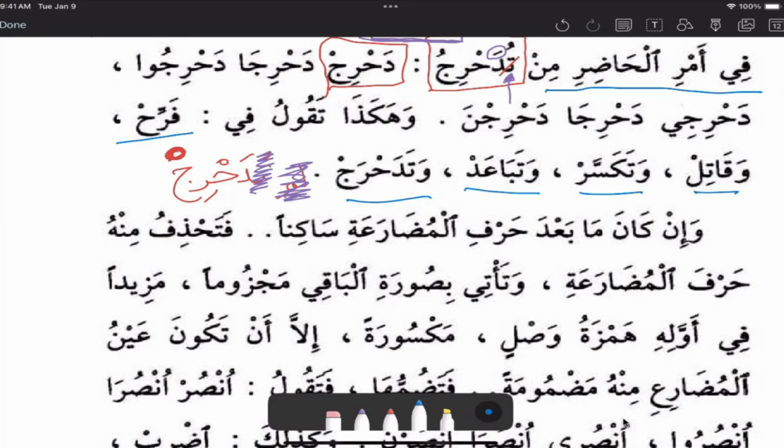So they say ukrimu, and they kept that hamza out for all the other mudari forms. So you say أكرم أنا نكرم نحن يكرم هو تكرم أنت. Yeah, Ustad. Okay.